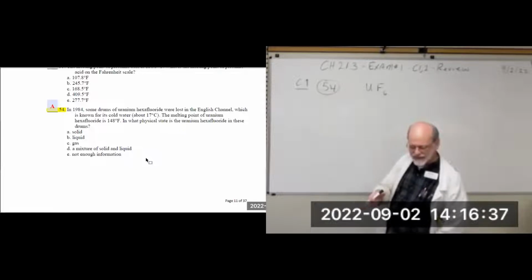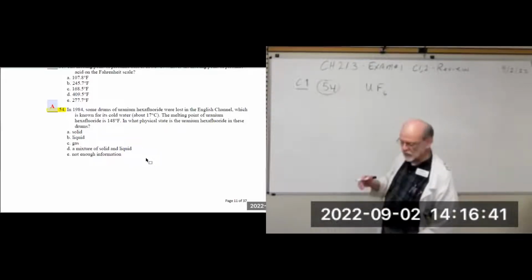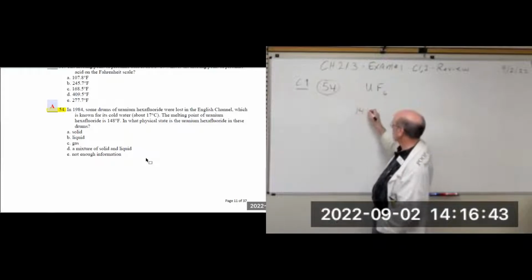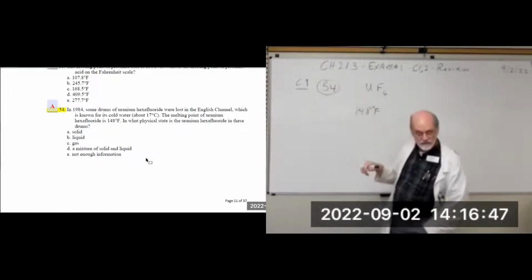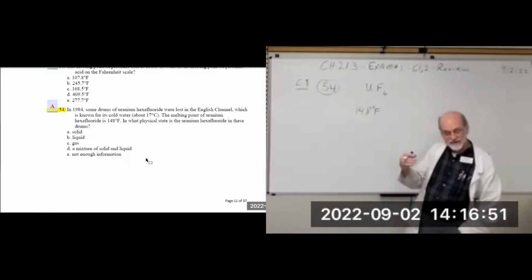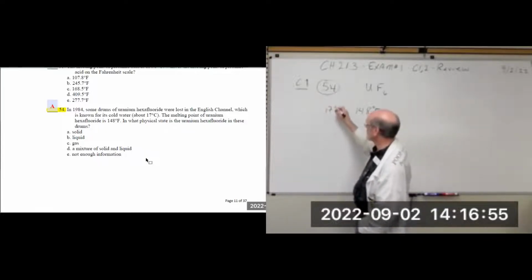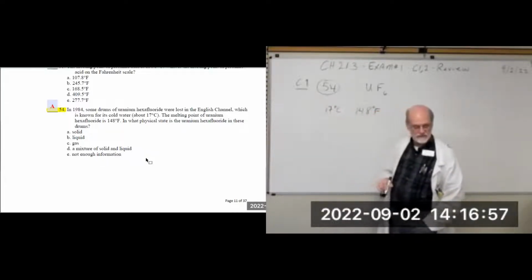And what are we actually getting at here? It says the melting point is 148 degrees Fahrenheit. But once the temperature inside the drum equilibrates with the water outside, the temperature inside is going to be 17 degrees Celsius. Okay?